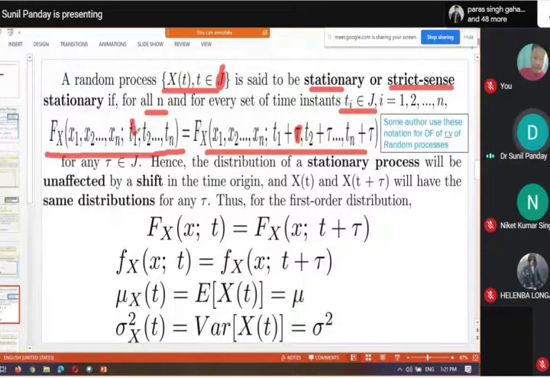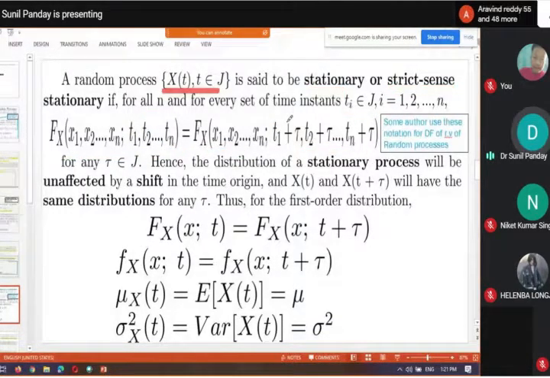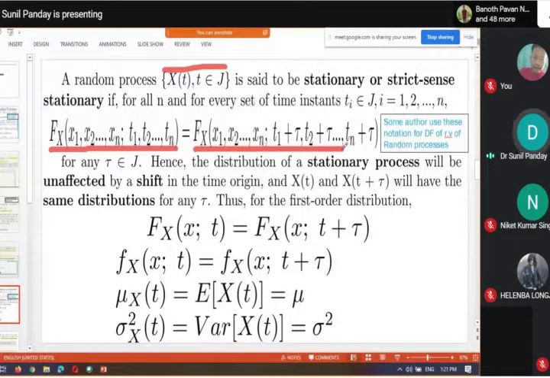So X_t1 is a random variable, and it is X_(t1+tau). Earlier, in the previous form of the definition, it was delta; now it is tau. So if we can write it this way for any random process X(t), the joint distribution function of X_t1, X_t2, ..., X_tn is equal to the joint distribution of X_(t1+tau), X_(t2+tau), ..., X_(tn+tau), then you say that the random process is strict sense stationary.